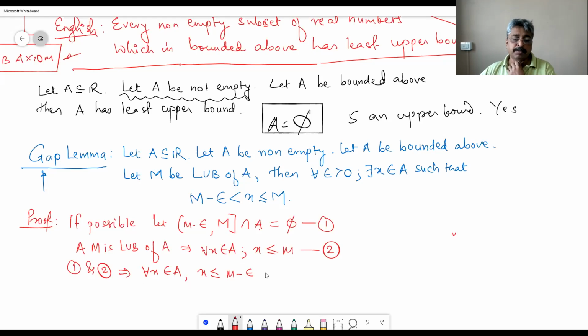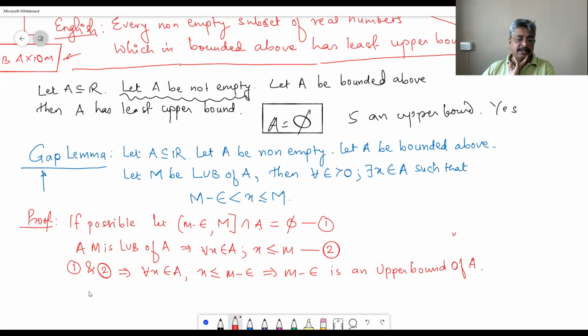Correct? This implies M minus epsilon is an upper bound of A, by definition.